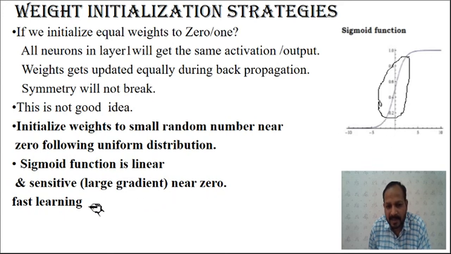So to get fast learning and earlier convergence, we should use very small initial weights near 0, so that the net value of any neuron lies within this range and the sigmoid output is in the linear region. Then your network will learn fast and converge earlier.